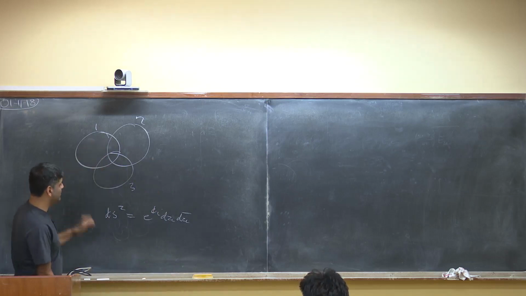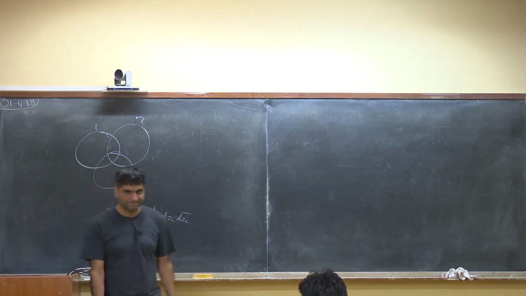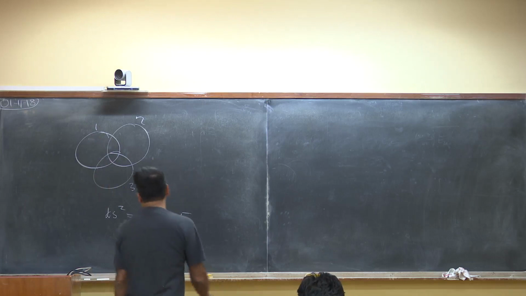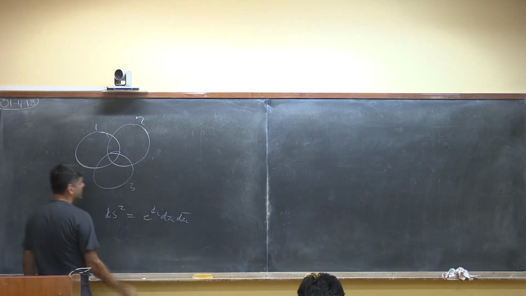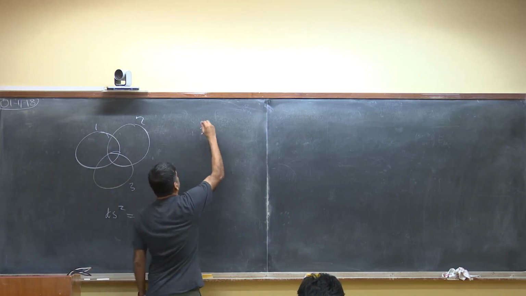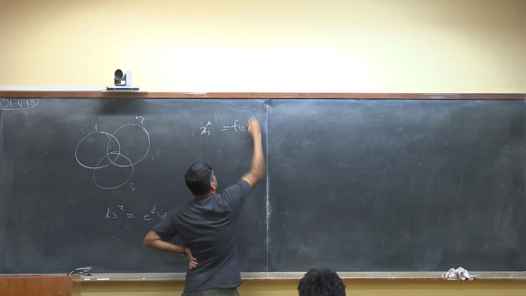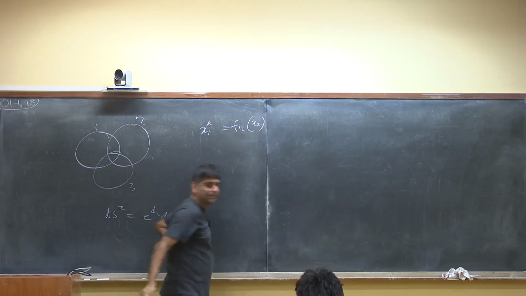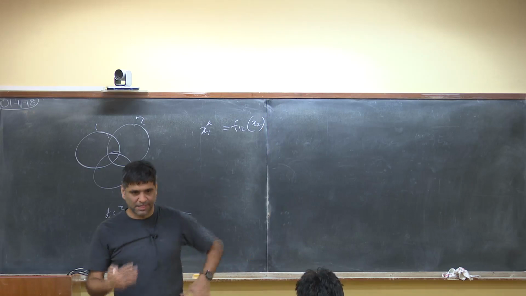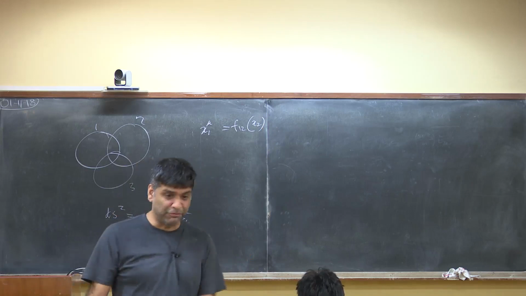So we've got this picture in mind. On each patch, what we've got is a dz_i times dz_i bar. Now, we've got some coordinate change between patches 1 and 2: x^mu in coordinate 1 is some f_12 of the coordinate in patch 2. That's what makes the whole thing a manifold.